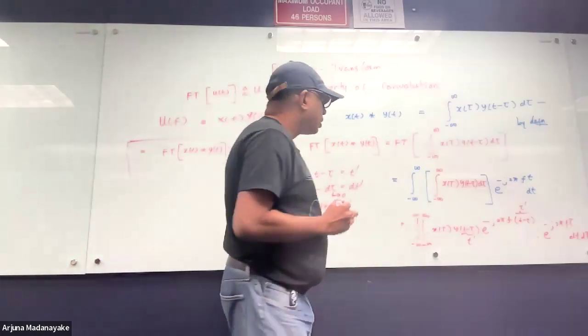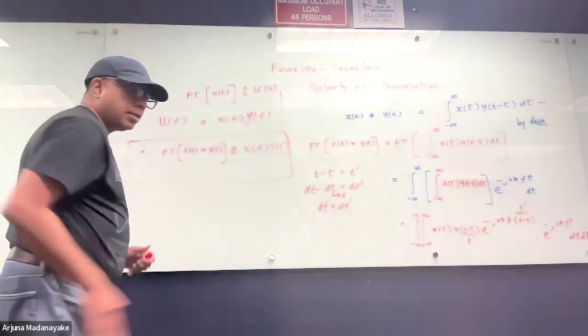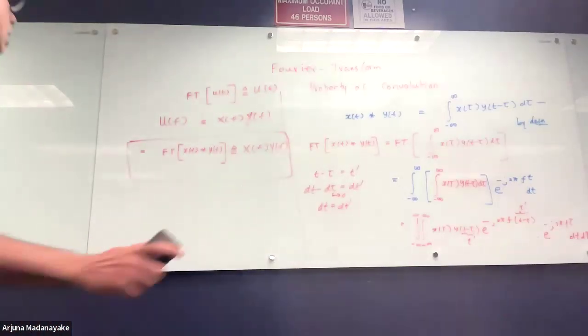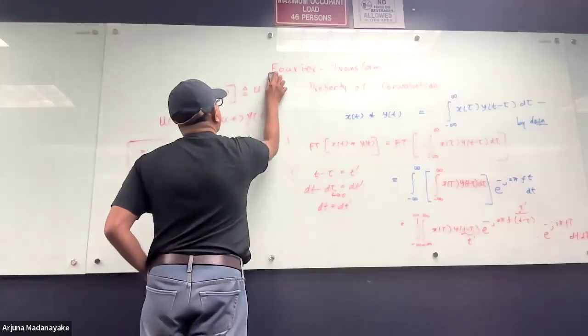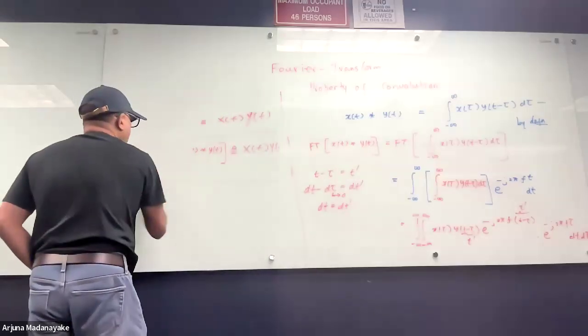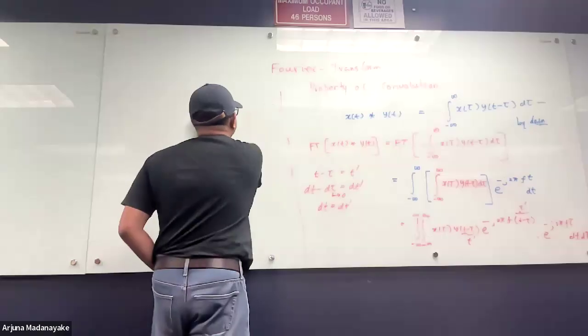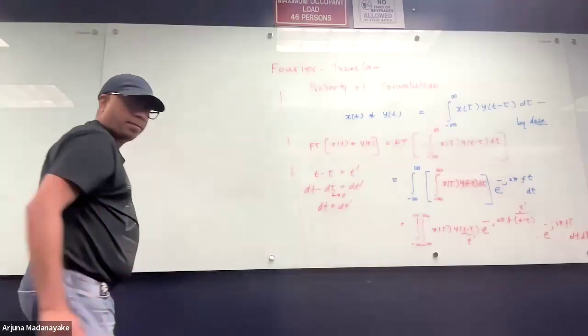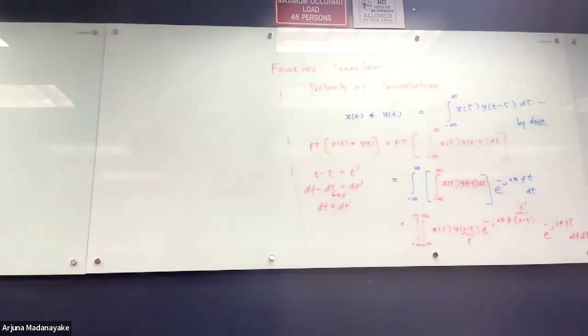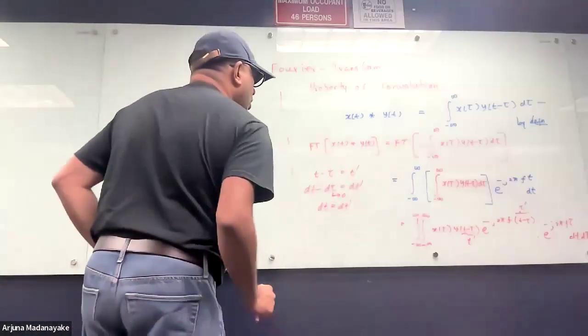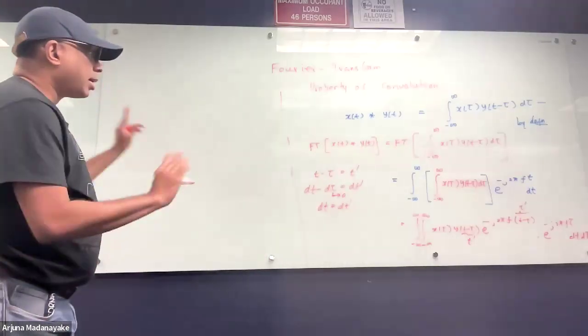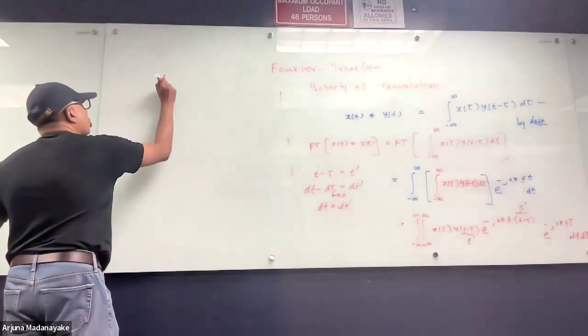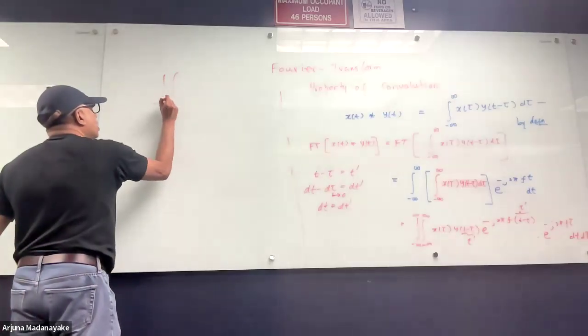So we can write this whole thing in a slightly different way. Okay, so now I'm going to write everything in terms of, I can write it in one step, but I'm going to do multi-step just to be clear. So infinity, infinity.